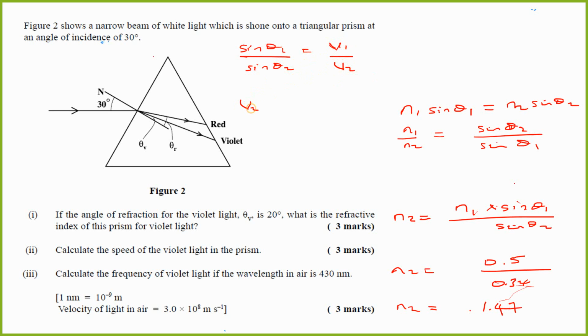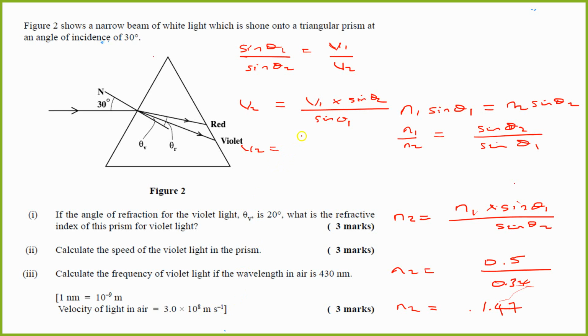V2 is going to equal V1 times sine theta 2 divided by sine theta 1. They gave us what V1 is already. They told us that the speed of light in air is 3 times 10 to the 8 meters per second.